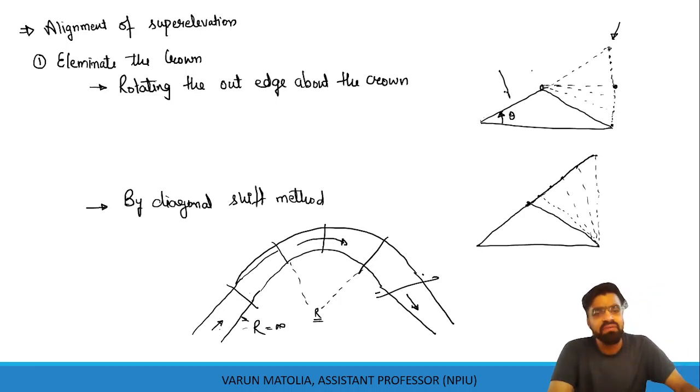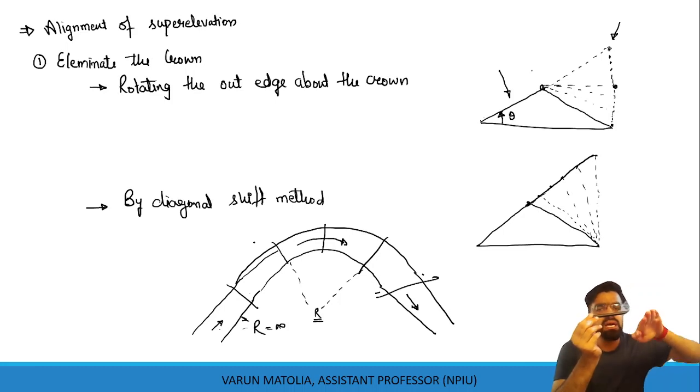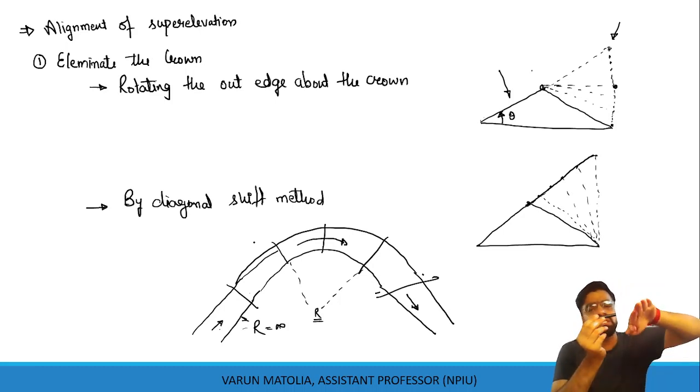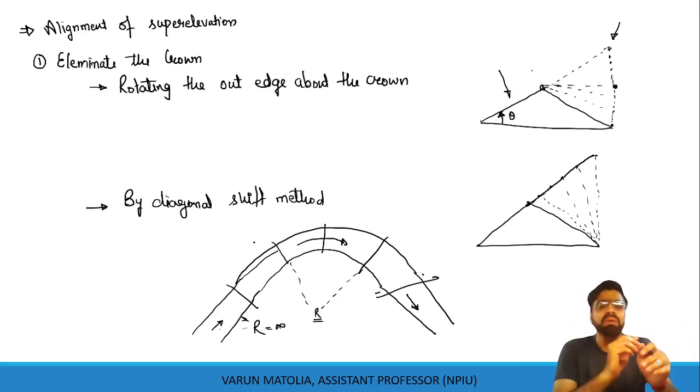हमने अभी क्या किया? We have transitioned by eliminating this crown. क्राउन था पहले, फिर हमने धीरे धीरे करके इसको उठा दिया. By the distance we are raising the outer edge. आउटर एज को रेज कर रहे हैं, हमने पहले स्टेप में एलिमिनेट कर दिया क्राउन को.